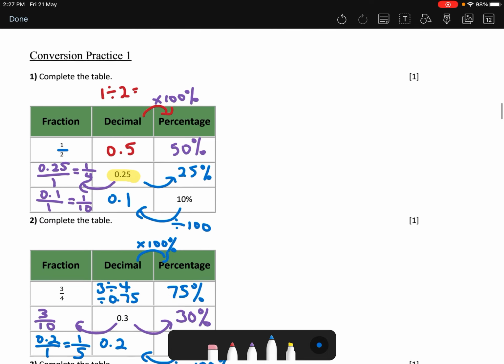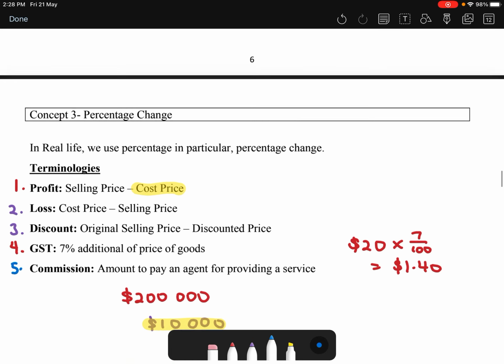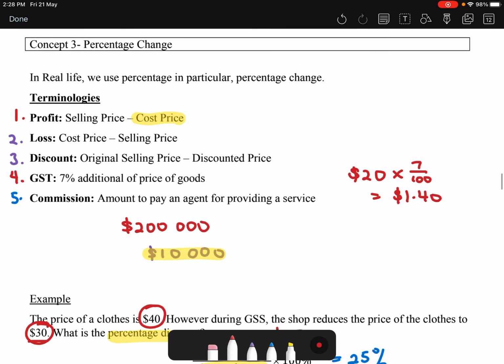Let's go to concept 3 that we learned. Concept 3 is a more important concept. This is called percentage change. We normally use percentage change during the Great Singapore Sale and so on. Let's say I have an original price.